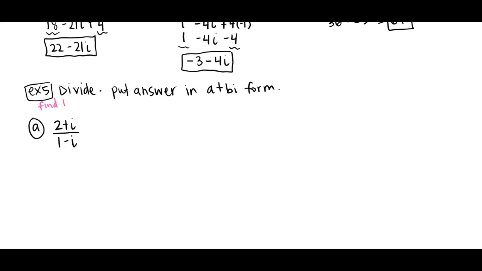So find the complex conjugate, these are weird words, of the denominator, the bottom part of the fraction. And so remember we said that the complex conjugate, they're conjugates if they're exactly the same, except this one's connected by a subtract sign, so that means this one has to be a plus sign.